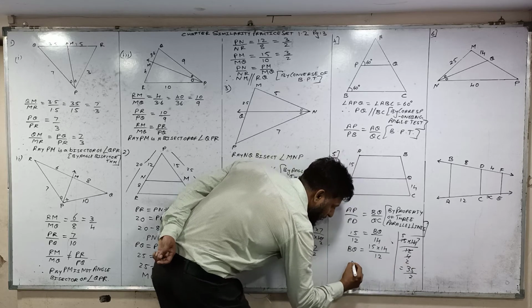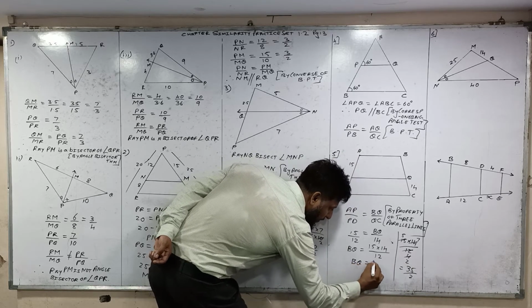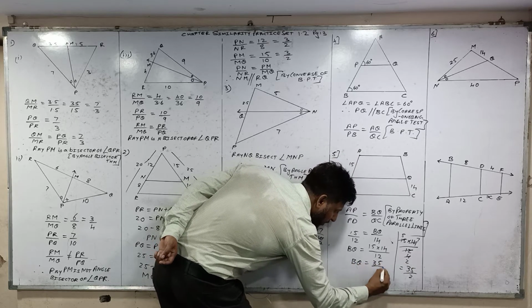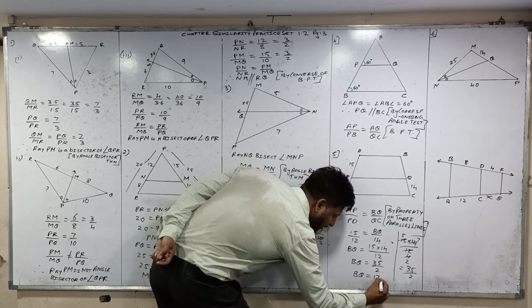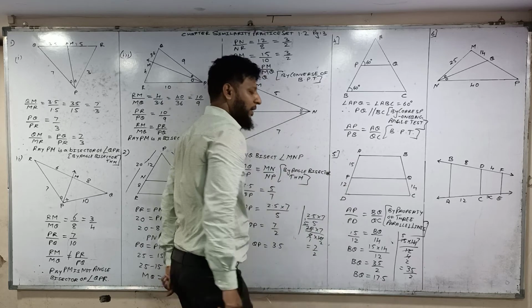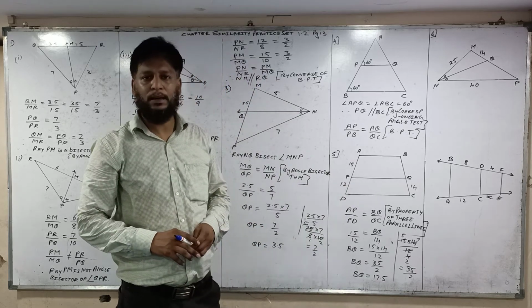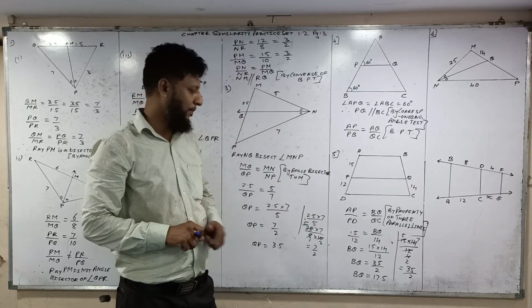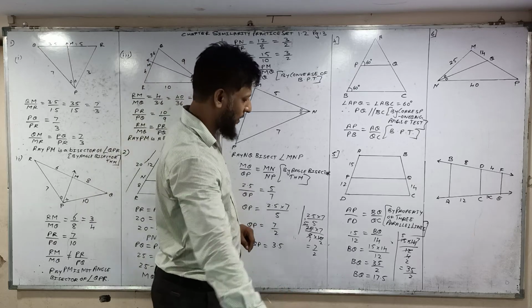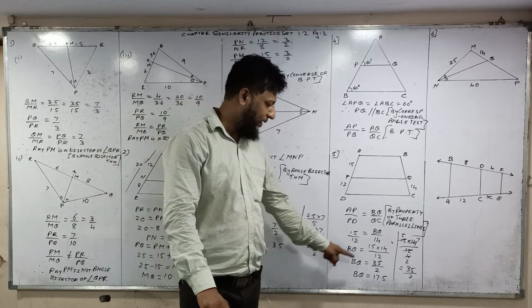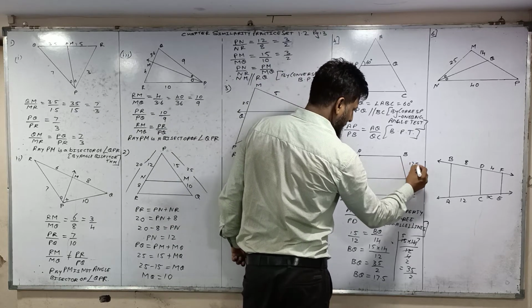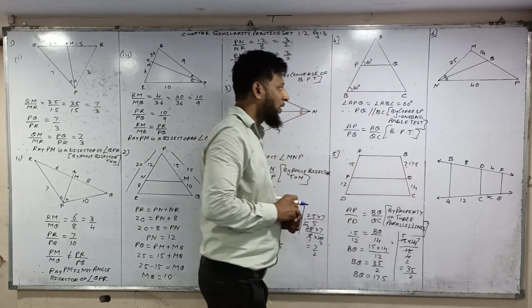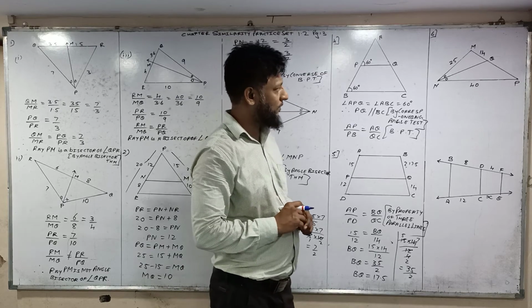So BQ is equal to 35 upon 2. After cancellation, divide 35 by 2 and you will get 17.5. So the value of BQ is 17.5. Now question number 6.